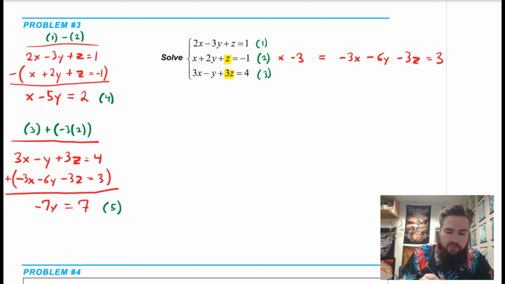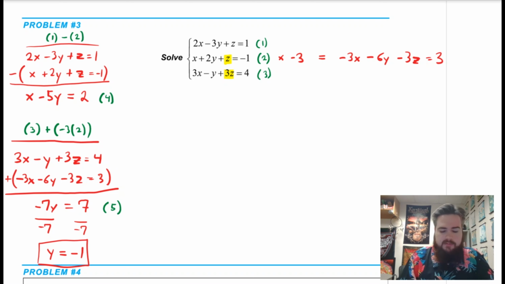If I divide that by negative 7, I'll get y equal to 7 over negative 7, which is negative 1. It still was necessary to get another equation like we had with equation 4, because now I can take that solution for y equals negative 1 and plug it into equation 4.